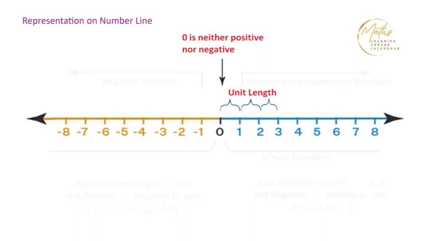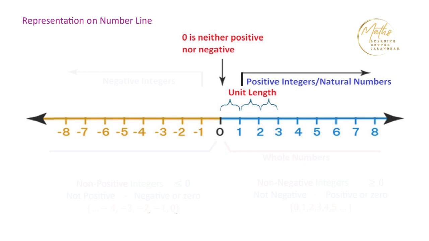So what we have obtained is that this 0 is neither positive nor negative. On the right hand side we have marked these points, and they are representing the positive integers, or the natural numbers 1, 2, 3, 4, 5, and so on.